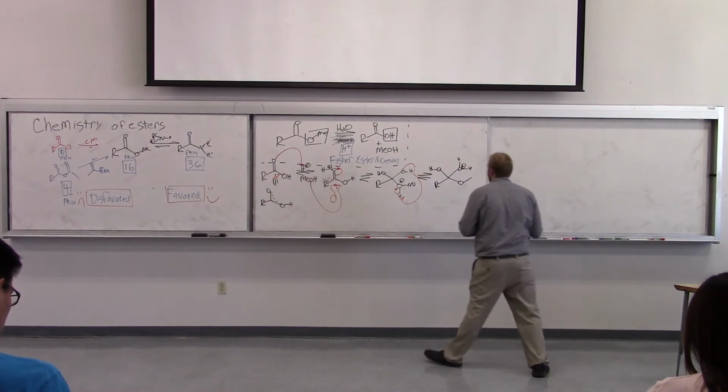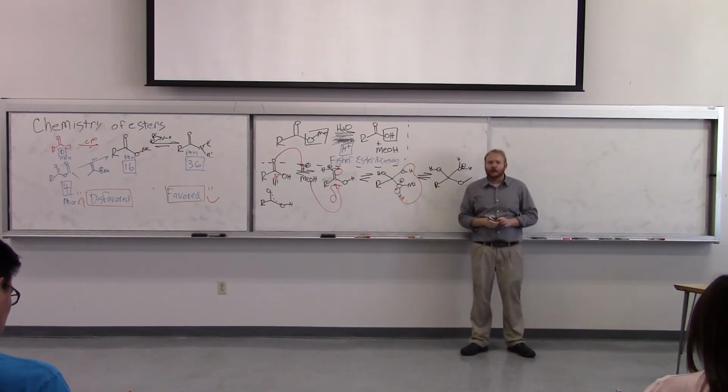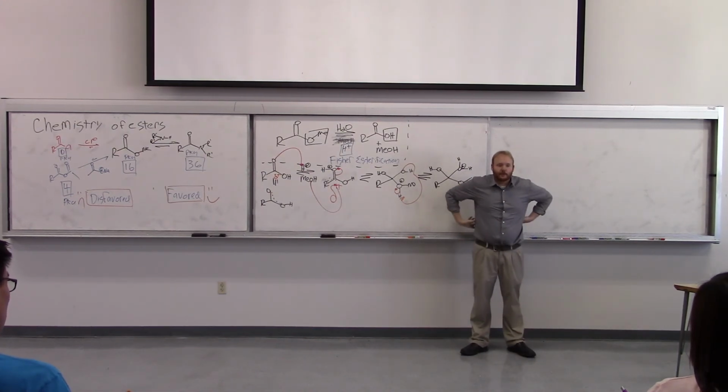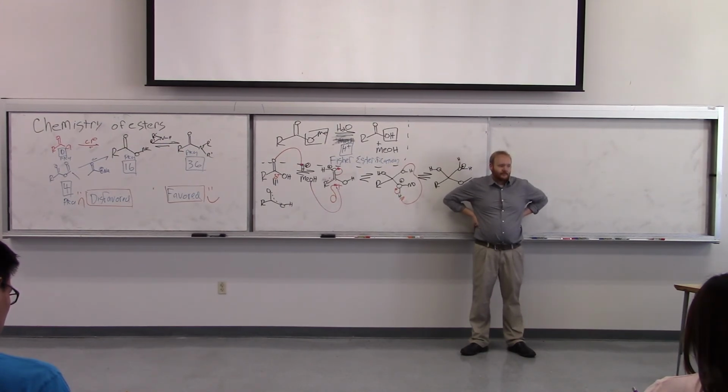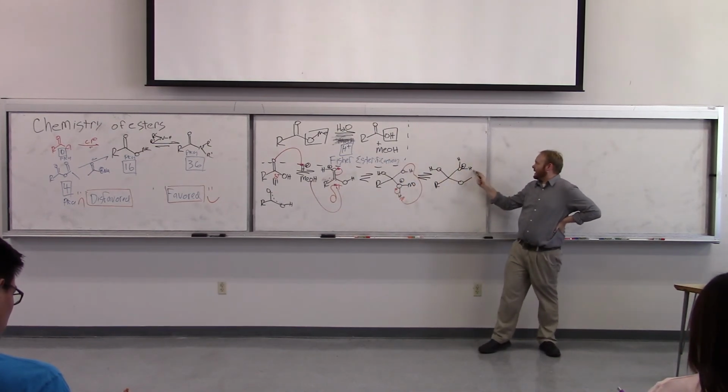Like so. And of course, this proton transfer is in equilibrium, right? And do you think it would be a good equilibrium or a bad equilibrium or a kind of blasé equilibrium, based on the pKa of this acid versus the pKa of this acid?